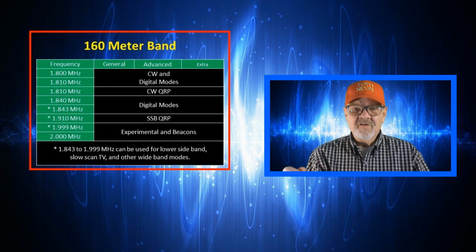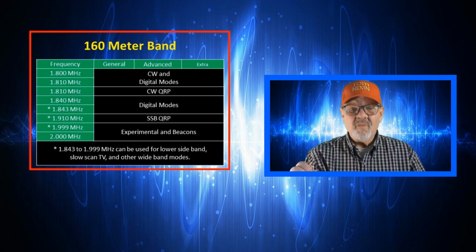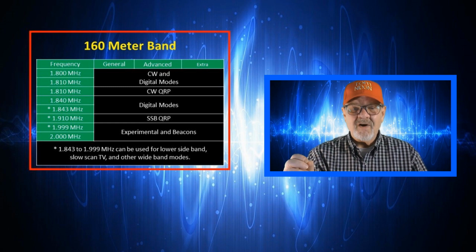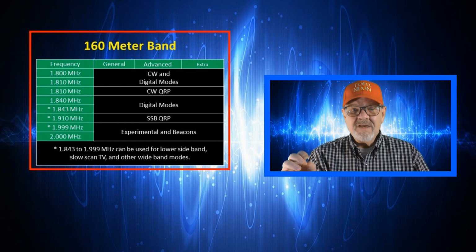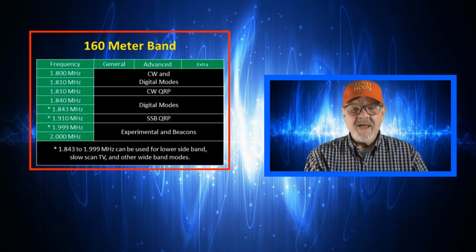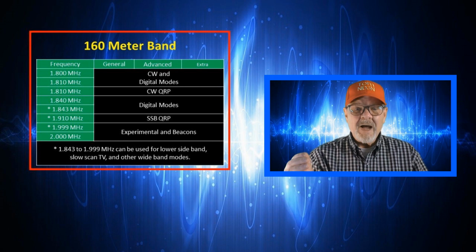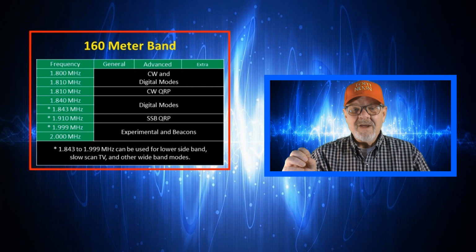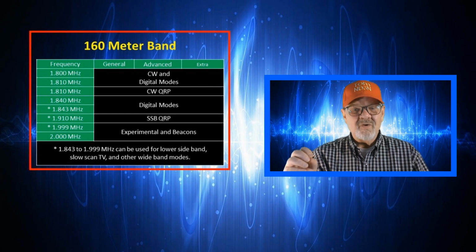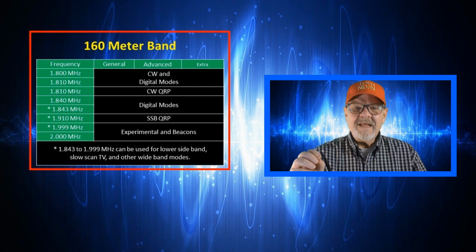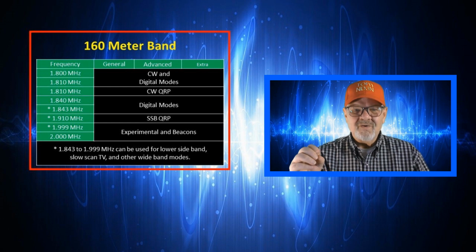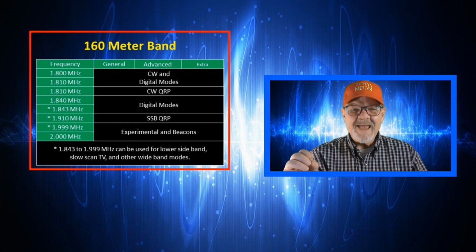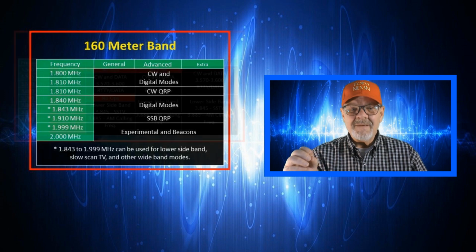Additional digital modes are allowed from 1.84 to 1.843 megahertz, and that does include FT8. 1.843 to 1.999 megahertz can be used for lower sideband, slow scan TV, and other wideband modes. 1.91 megahertz is allocated to SSB QRP, and at the very top of the band, from 1.999 to 2 megahertz, that's allocated for experimental use and beacons.